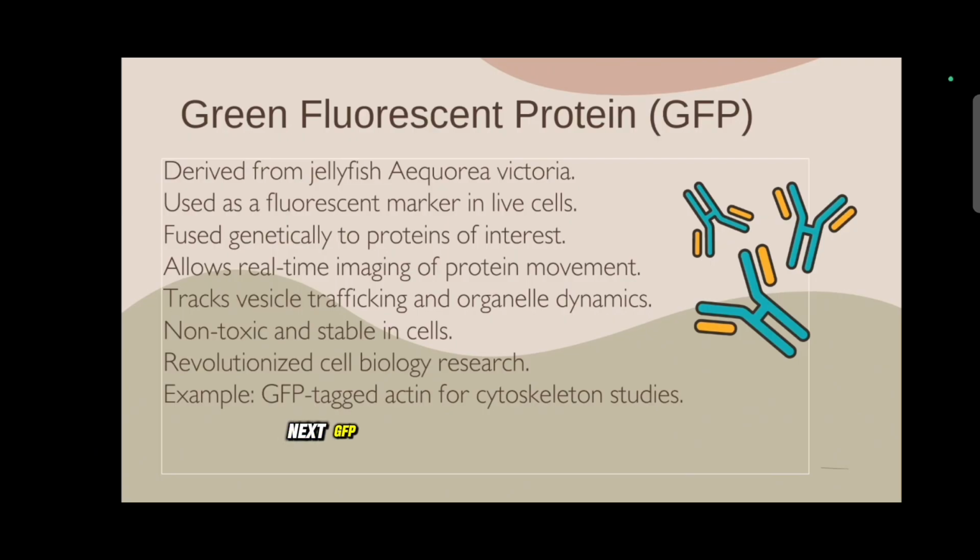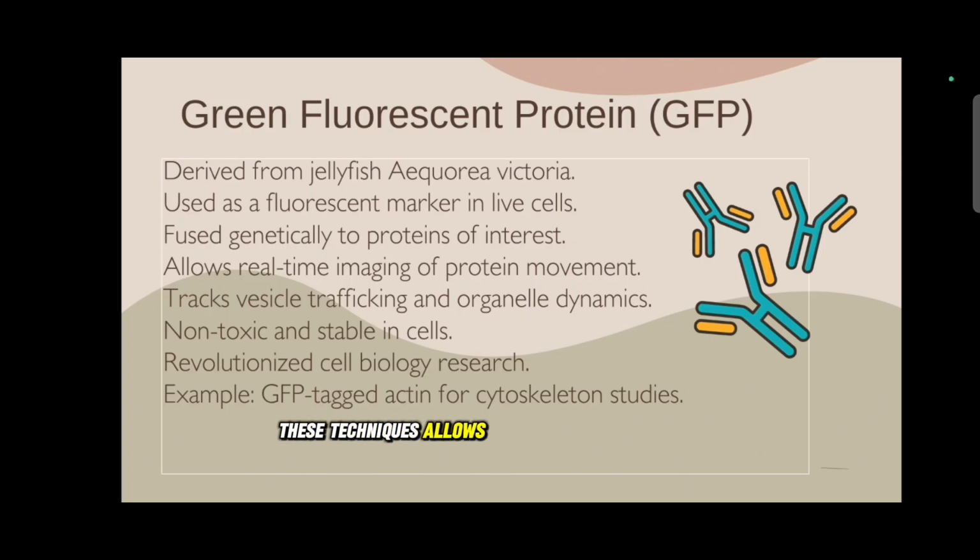An example application is radio-labeled amino acid tracking, which follows newly synthesized protein. Next, GFP. GFP means green fluorescent protein, derived from the jellyfish Aequorea victoria. It is used as a fluorescent marker to visualize proteins in living cells. GFP is often genetically fused to a protein of interest, enabling real-time imaging.